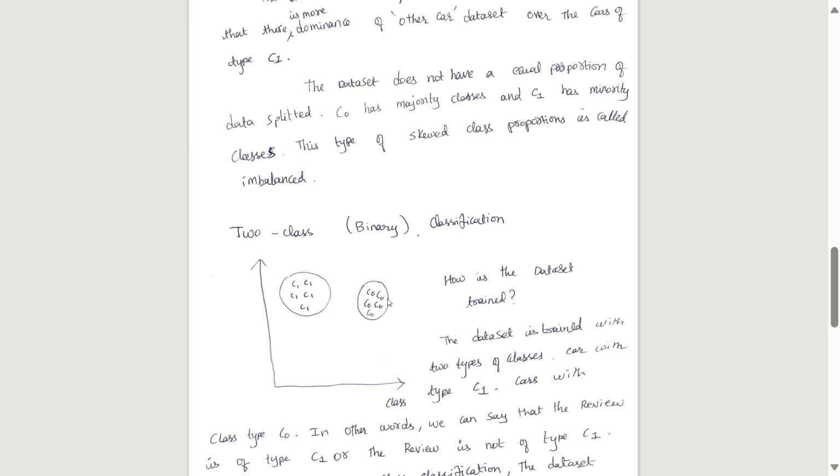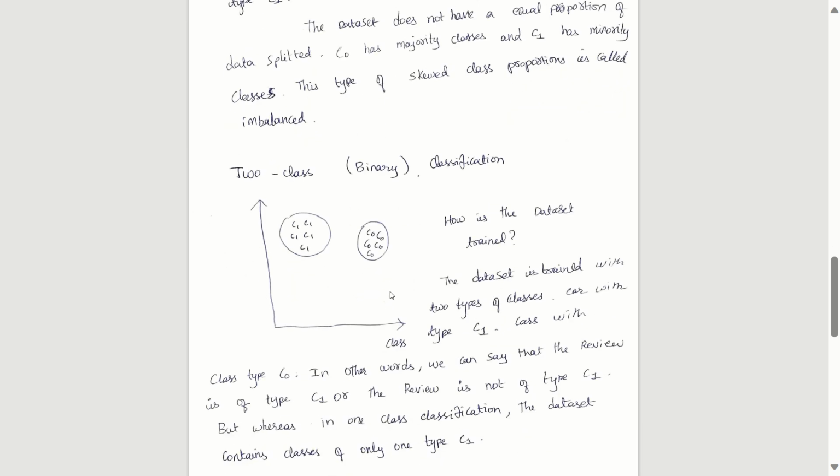So how is the data set trained? The data set is trained with two types of classes, cars with class type C1 and cars with class type C0. In other words, this review is of type C1, and this is of type C0. So both are distinct.